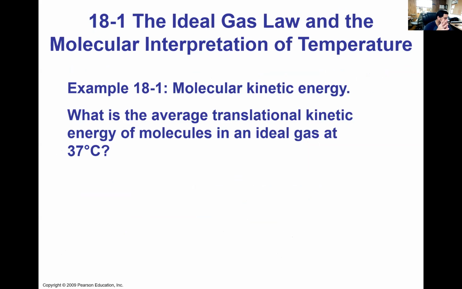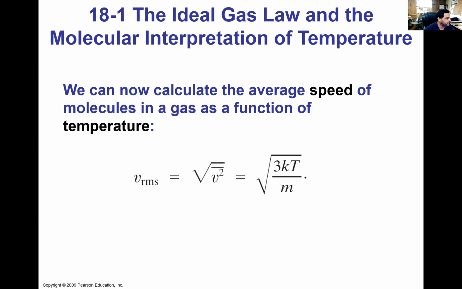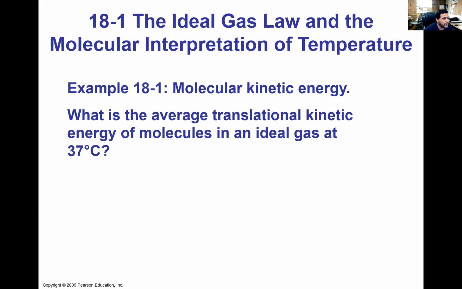So molecular kinetic energy, they want us to determine the average translational kinetic energy of a molecule of an ideal gas at 37 degrees. Okay. In this equation, k is that Boltzmann's constant from the previous chapter. So calculate molecular kinetic energy.